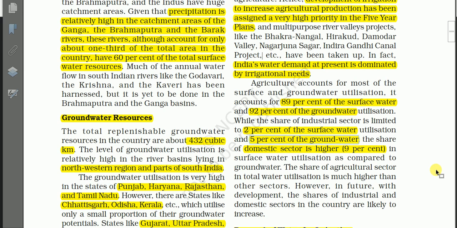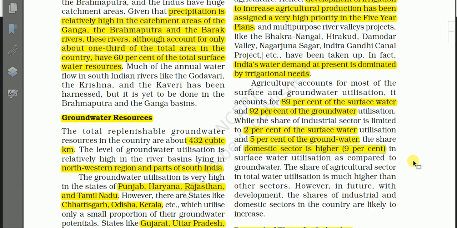That is, the industrial sector uses only 2% of the surface water and 5% of the groundwater, and the share of the domestic sector is higher, that is 9%, in surface water utilization as compared to groundwater.